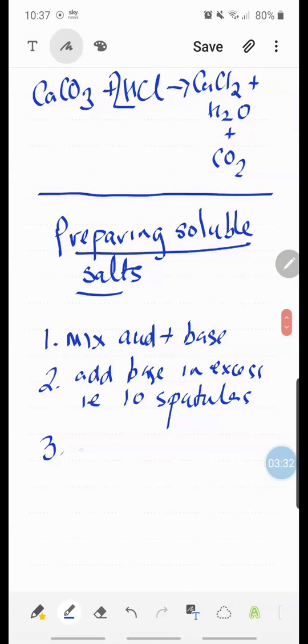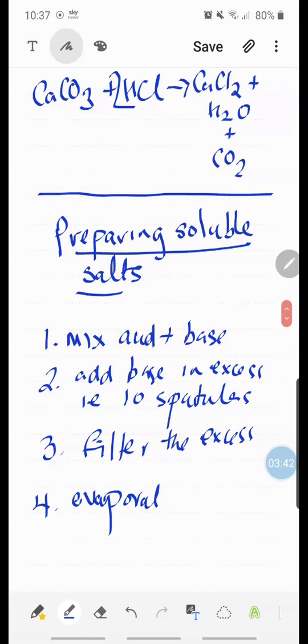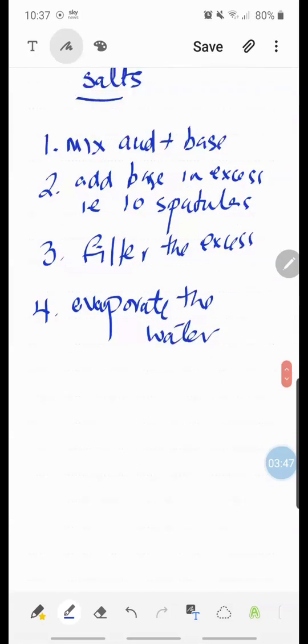Number 3, filter the excess. Number 4, evaporate the water. Four simple steps.